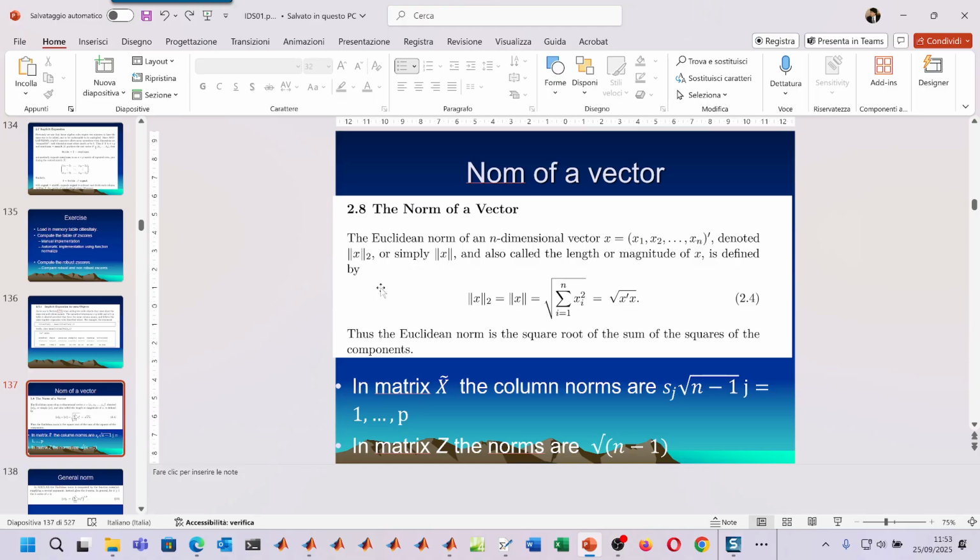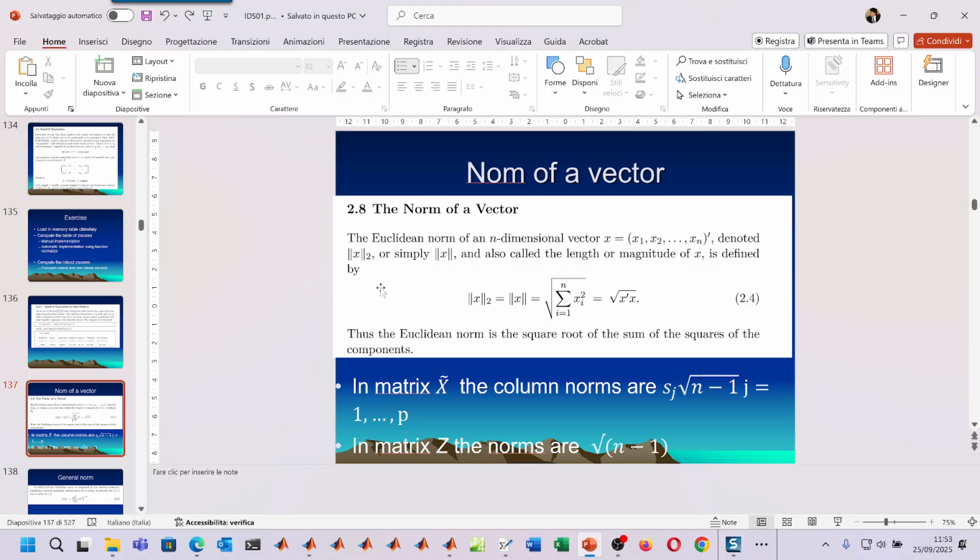Now, the norm. The norm of a vector: you take the sum of squares, right? And then you take the square root. In the Z matrix, the norms are all the same. So in geometric terms, if you work with Z-scores, you work with vectors that all have the same length.